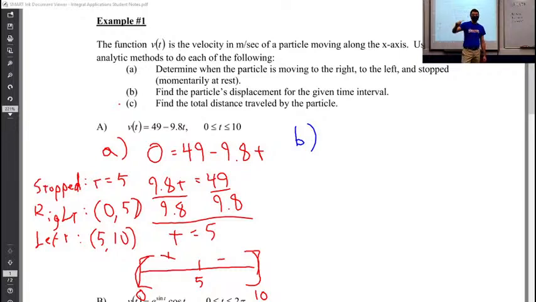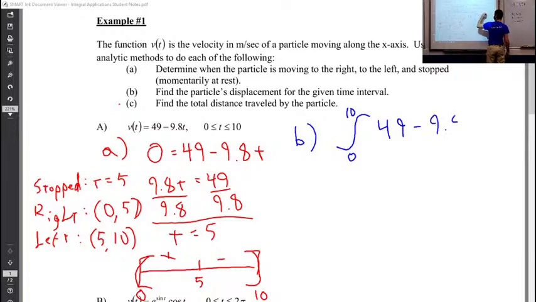In other words, it'll subtract the endpoints of the position function. So displacement is the integral, the antiderivative.